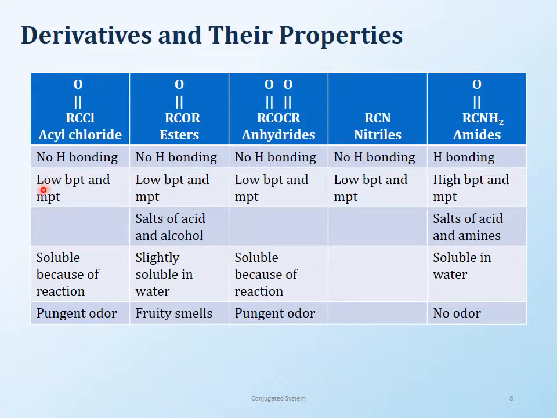So acyl chlorides, for example, they have low boiling points, which means they all exist as liquids. Okay, they do have the high polarity of the carbonyl group. All of these actually are going to be liquids, because of their high polarity. Some of them have a little bit of a lower boiling point than others. Again, amides will be the highest one, especially if it is NH2, because of hydrogen bonding. So it depends on what kind of functional group you're dealing with, what is the size of it, but most of the time they will all be low boiling point liquids, and they will usually not be very soluble in water.